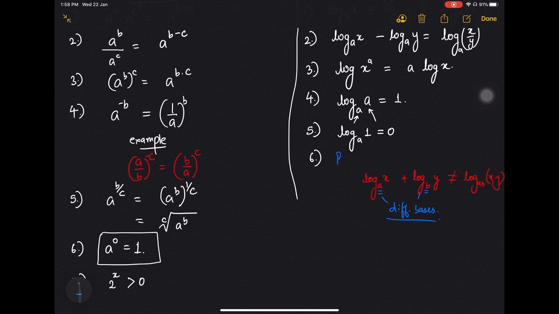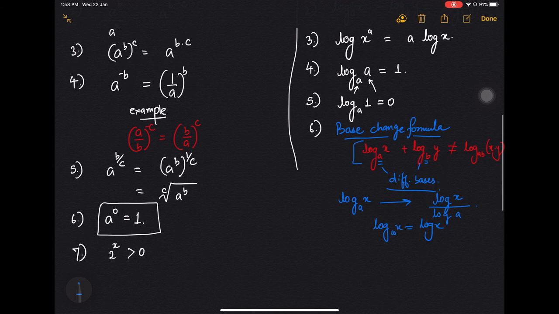So there is a base change formula that I'm going to cover now. The base change formula says that when you want to change the base of this to whatever base you want, say I just want to change it to base 10, I want to change log base a of x to log base 10. So I'll get log of x divided by log of a.